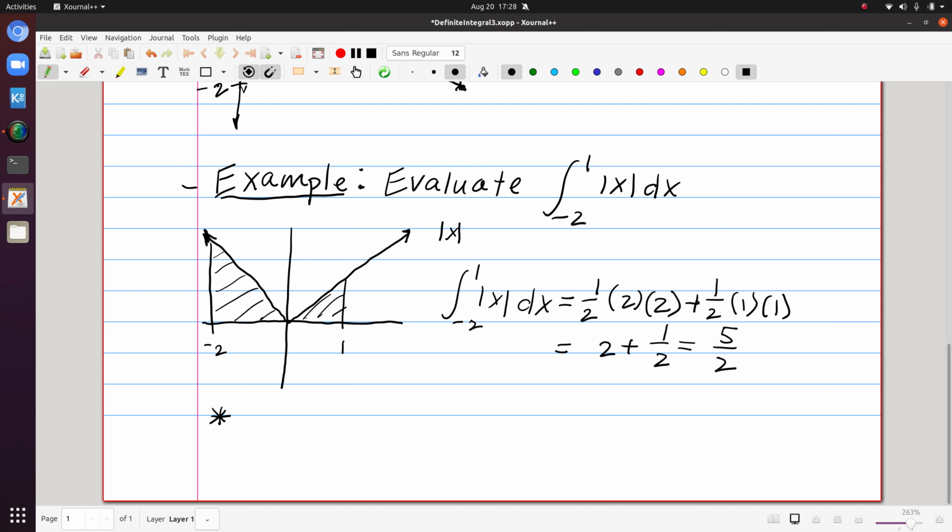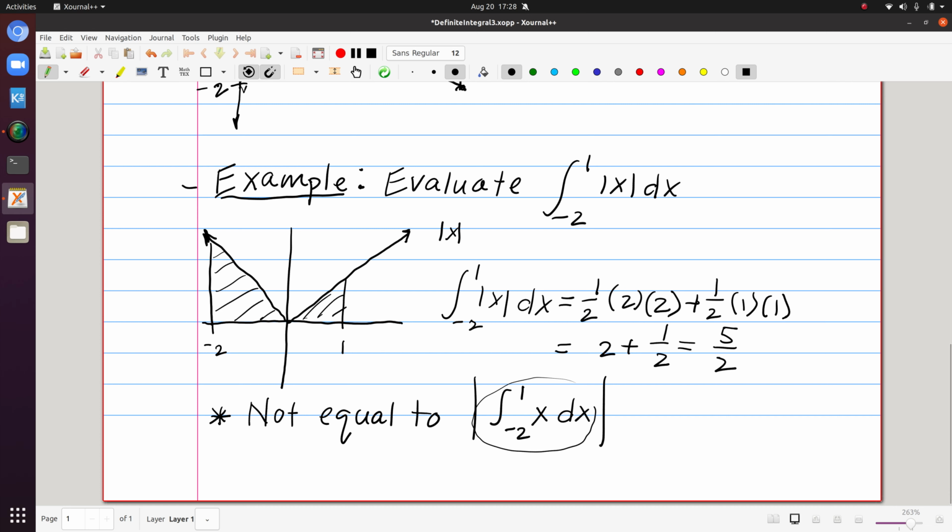And I want to point out something that we can observe here. A common mistake, so I'll point out this is not equal to the absolute value of the integral. If you were to first use geometry to find this integral and then take the absolute value of your answer, you should find that you don't get 5/2, because for the integral of x itself, you could imagine taking this picture and bringing that left-hand side down.